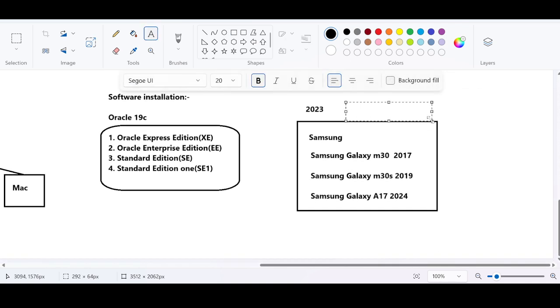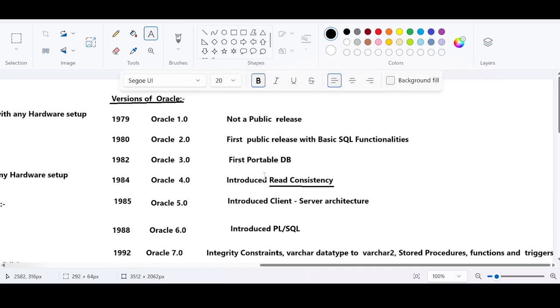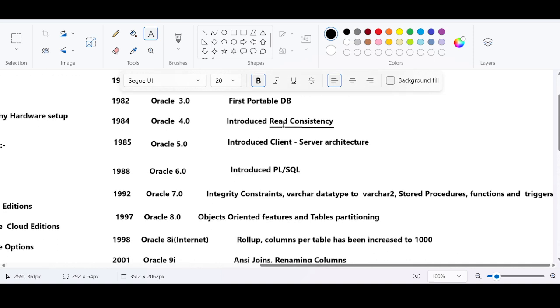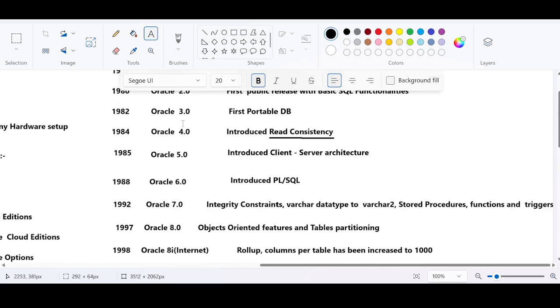In each and every version a new feature is introduced. They are not going to erase the old features. If there are any bugs or defects, those will be corrected and removed in the new version, and they will give another additional feature. That's why we have these version numbers.